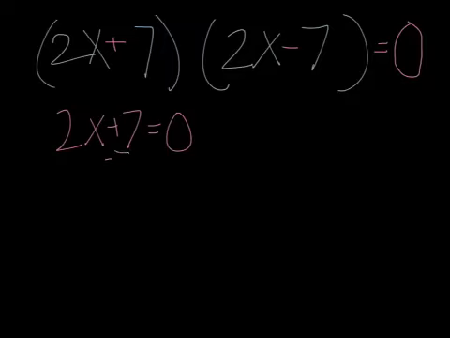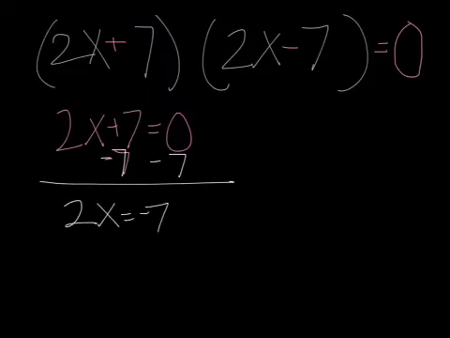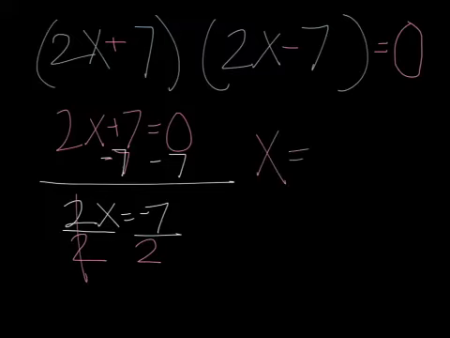So I'm going to use my additive inverse and get rid of 7 by subtracting it. So now I'm left with 2x equal to negative 7. I'm still trying to get x by itself. So now the only thing I'm left to do is divide by 2. And here I have x is equal to negative 7 over 2.